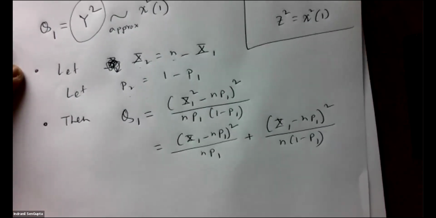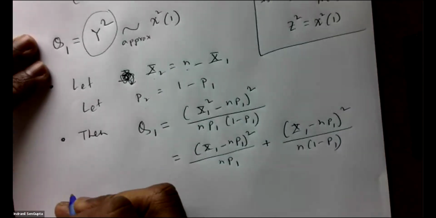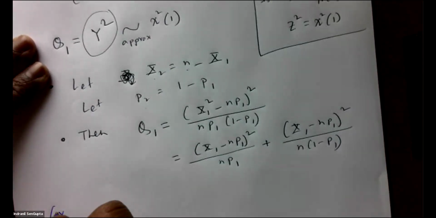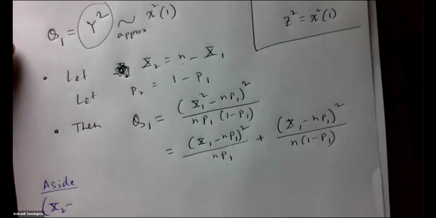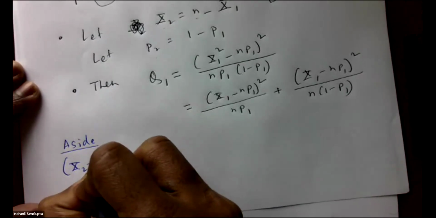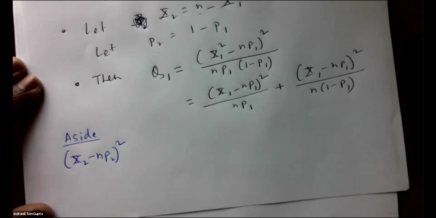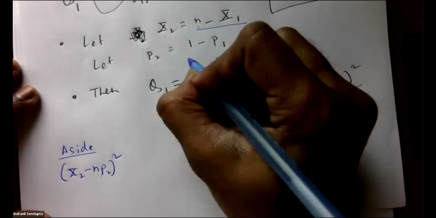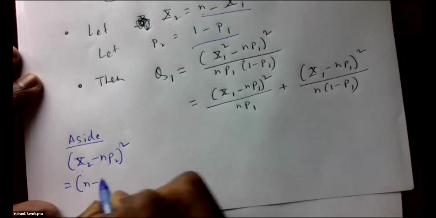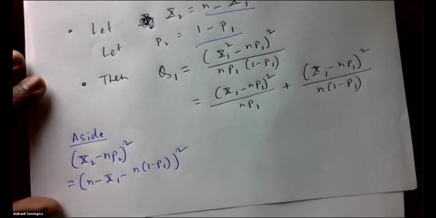Now I'll do a little calculation here, as an aside. Suppose I want to compute x2 minus np2 squared. What is x2? x2 is n minus x1. And what is p2? 1 minus p1. So it's n minus x1 minus n times 1 minus p1, squared, right?